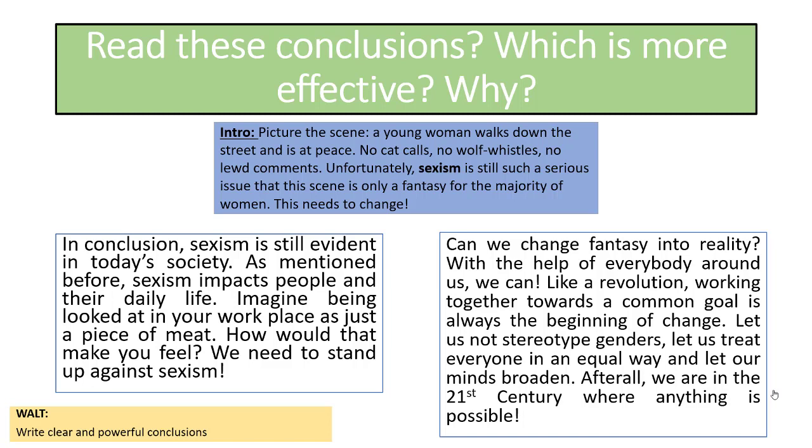Hopefully that's something that you've written earlier on, and it just feels like it needs to be developed upon, and it's not in the right place. It shouldn't be in the conclusion. We need to stand up against sexism, yes, but I feel that conclusion doesn't really tell you what you need to do to stop sexism. It's just quite repetitive of things that you may write within your paragraphs.